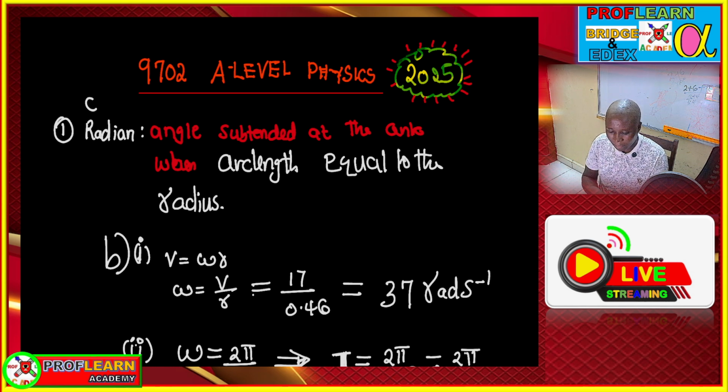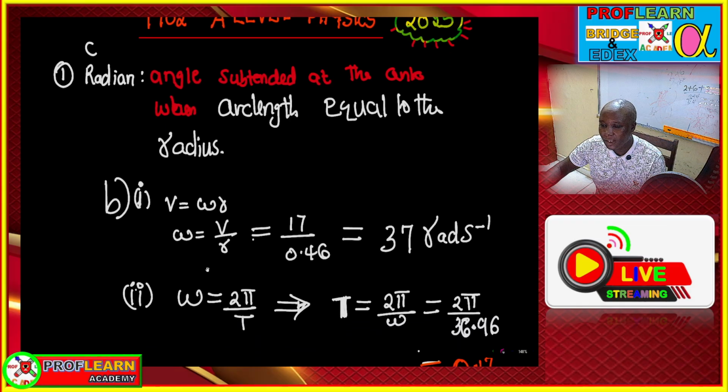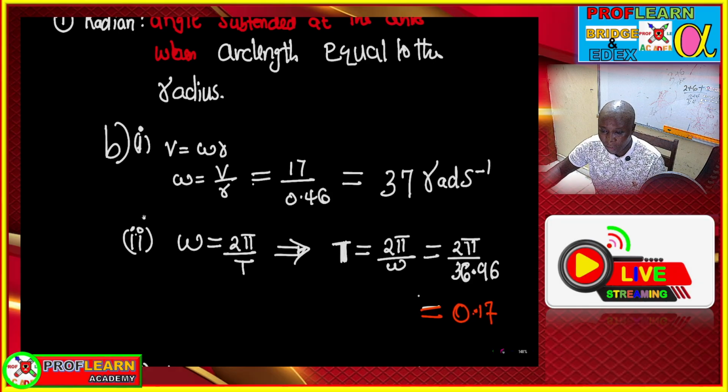I'm trying to come up with the definition that will enable you to identify that. A radian can be defined as the angle subtended at the center when the arc length is equal to the radius. Now in this question, you are also supposed to work out angular speed.